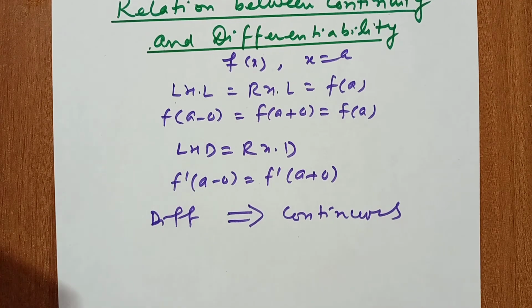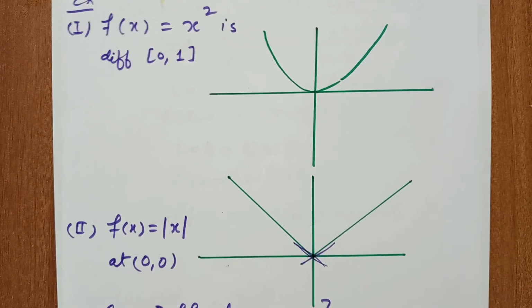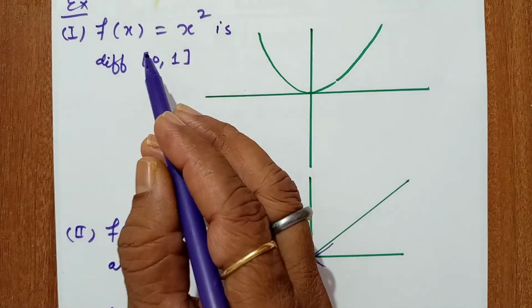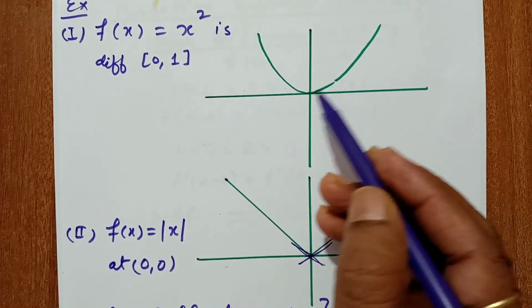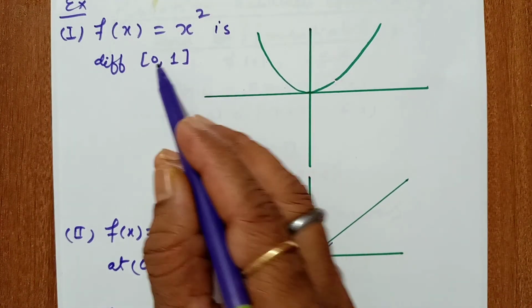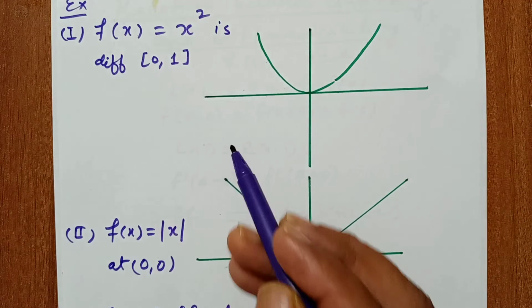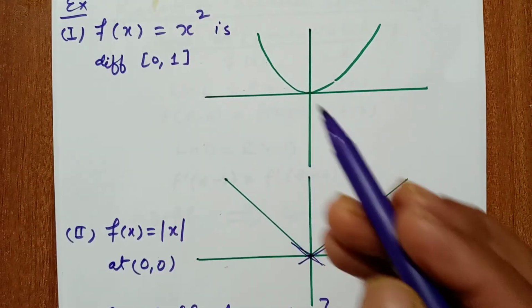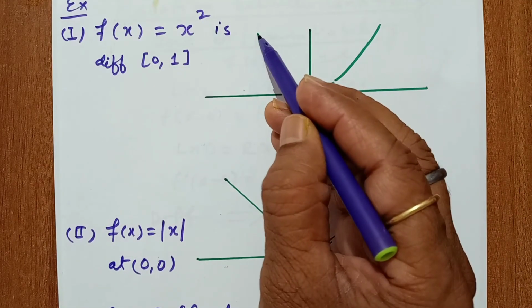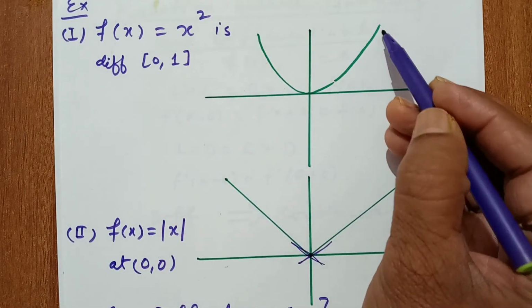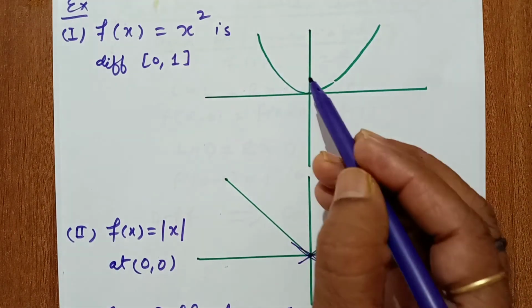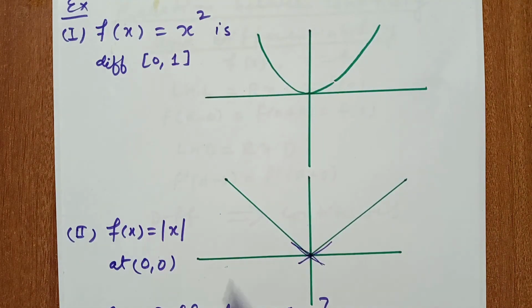Here is an example. This is the function f(x) is equal to x square. This is differentiable at 0 and 1, and between 0 and 1 also. Also this is continuous, because if we move the pen from here to here, there is no break. And we have also checked for differentiability.